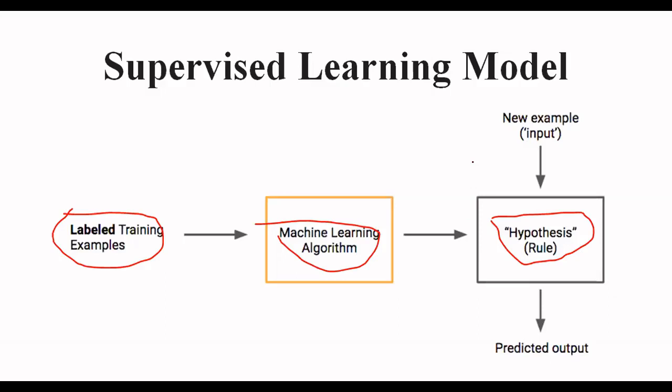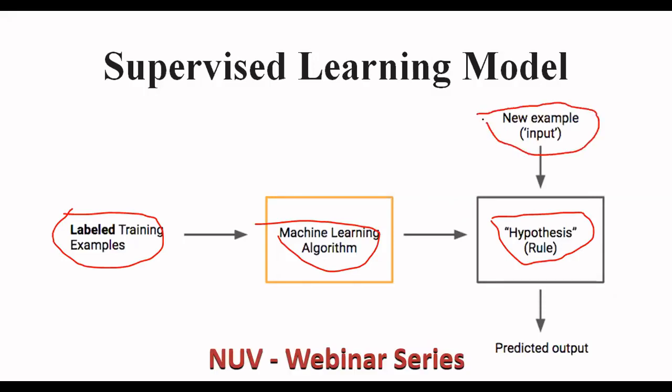After getting the hypothesis, I will test my model. I will give a new image, not used previously, and it will predict whether the image is a cat or a dog. This is supervised learning, where we give a question as well as the answer for learning purposes.